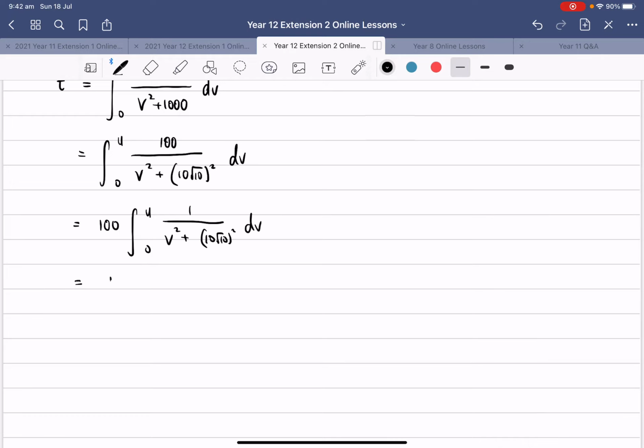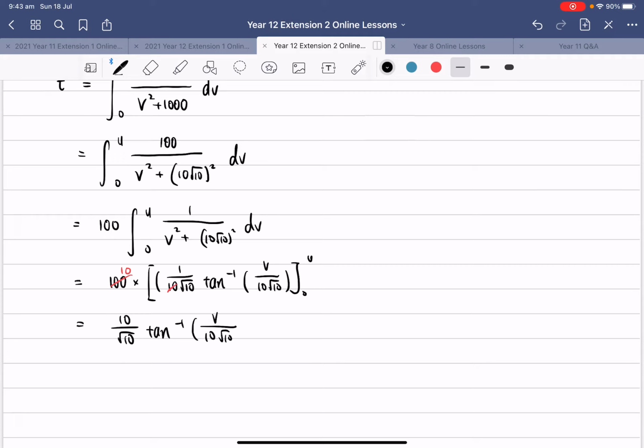That is equal to 100 times its inverse tangent, so that is 1 over 10 square root of 10, tangent inverse v over 10 square root of 10, and then we need to integrate from 0 to u. Once we simplify this one, the 100 over 10 becomes 10, so 10 over square root of 10, tangent inverse v over 10 square root of 10. And you can just substitute u and 0 inside.